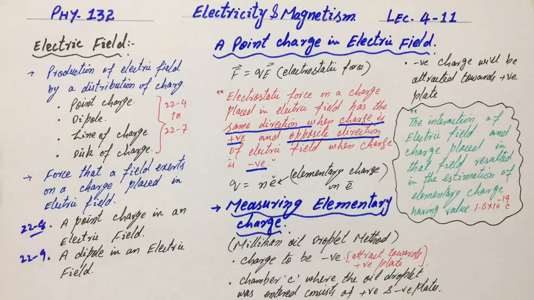So these two parameters can give us the value of the mass of an electron.